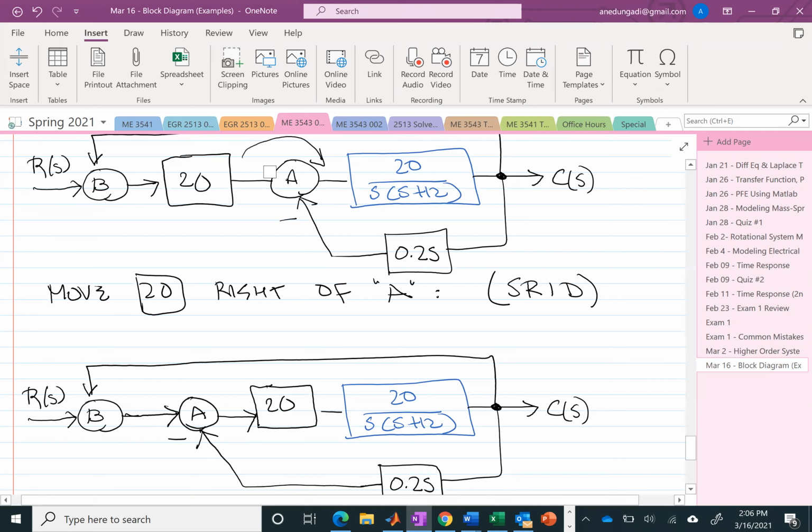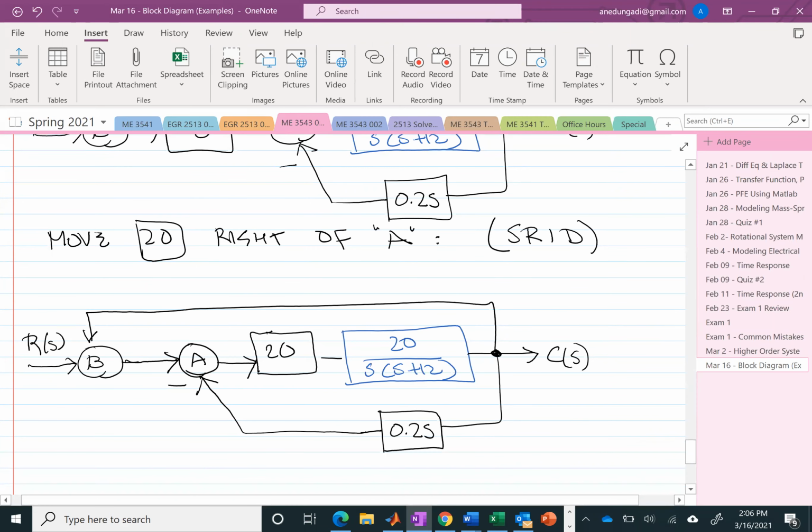I moved 20 to the right of A, so no. Okay, oh, yes, you're right. Why? Because the input has to be divided by 20. Very good. Is that what you meant? I hope.